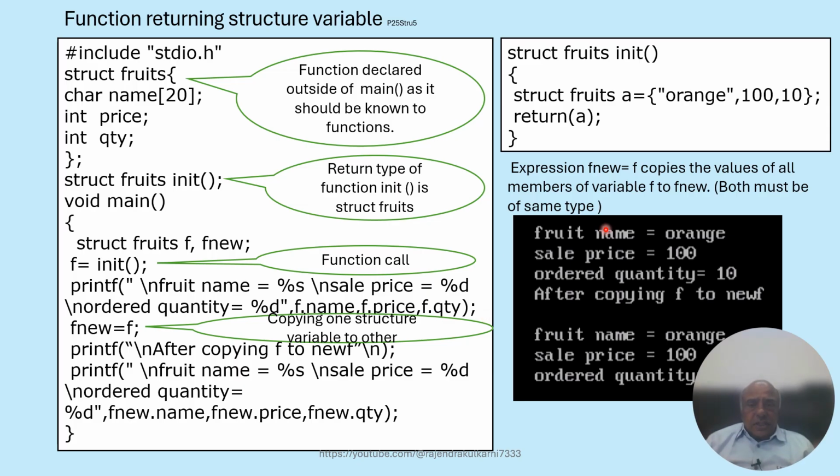So the expression f new = f copies the values of all members of variable f to f new. Both f and f new must be of the same type. So this is how we can assign values of one variable of structure type to another variable of the same structure type.